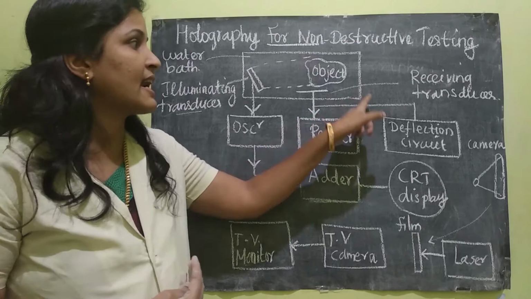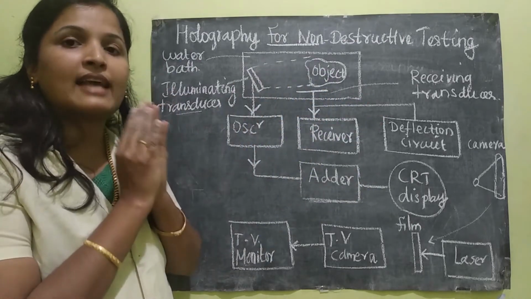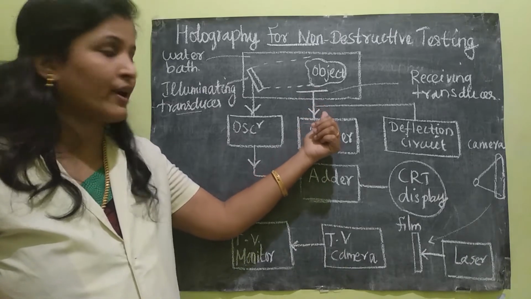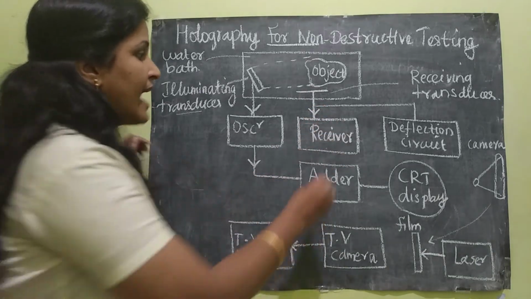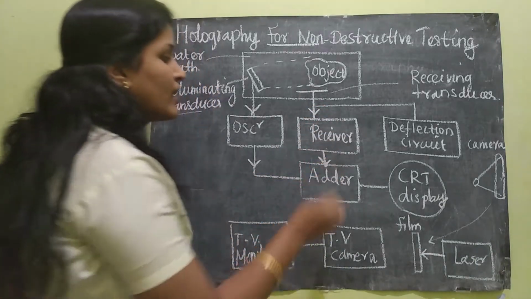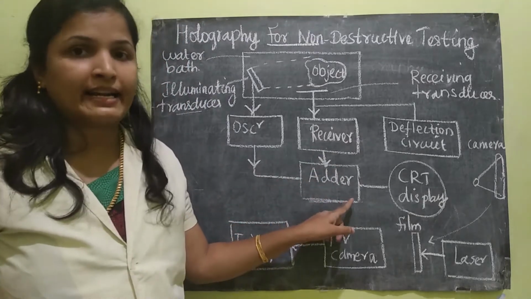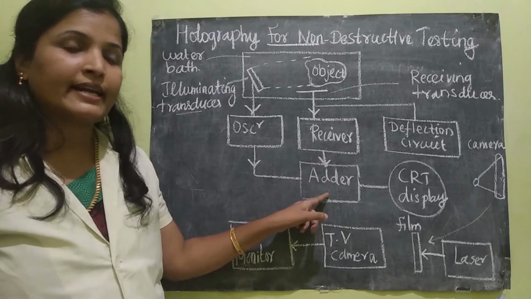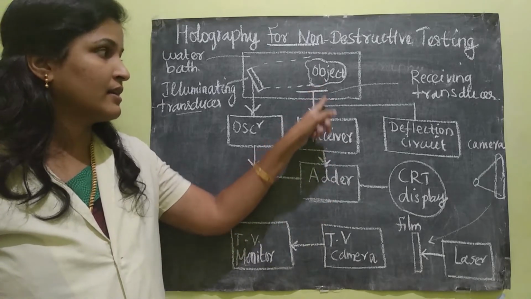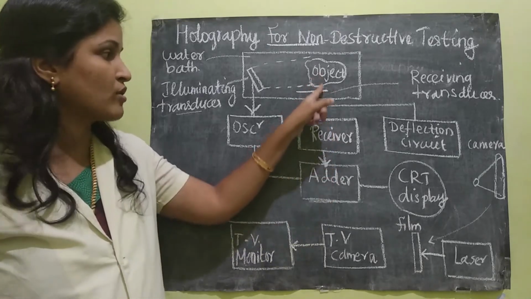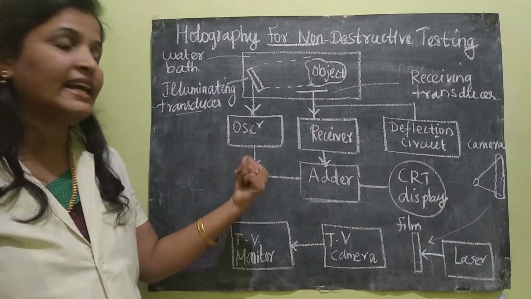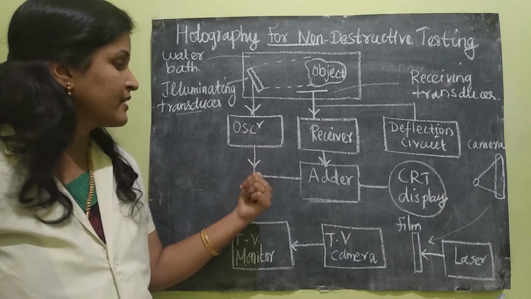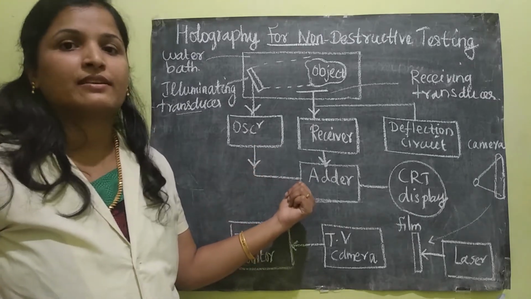It is then given to the electronic adder. For the electronic adder, one input is the electrical signal of the object wave, and the second input is given by the RF oscillator. This is a reference signal.